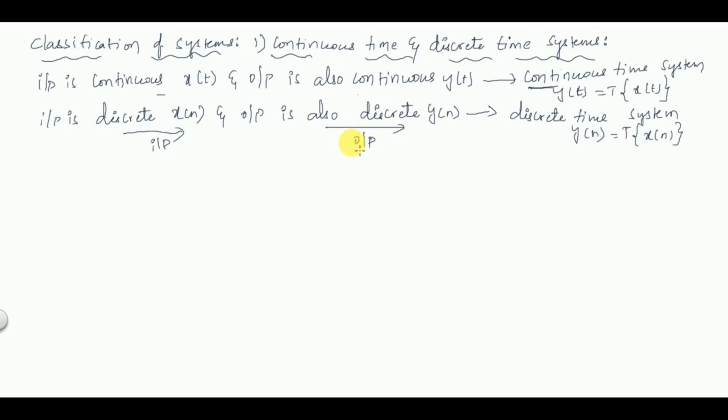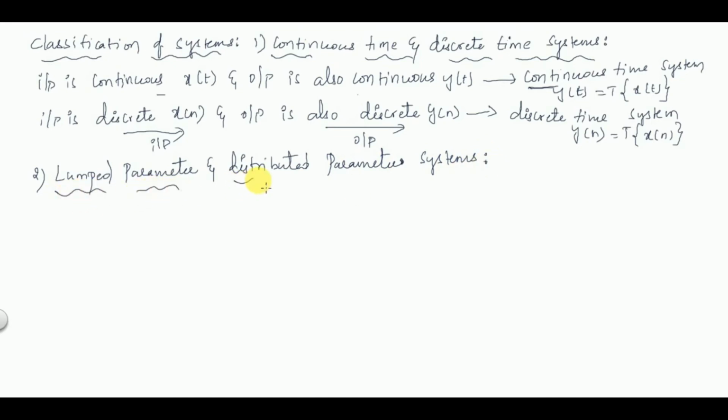Very simple classification. Okay, the second type of classification is lumped parameter and distributed parameter systems.